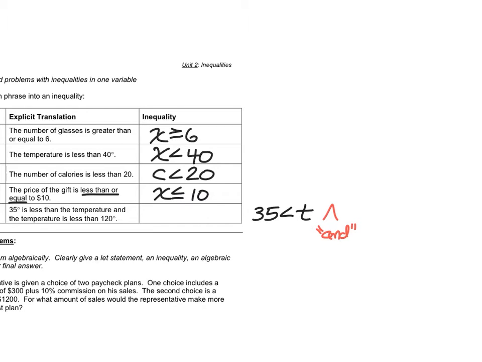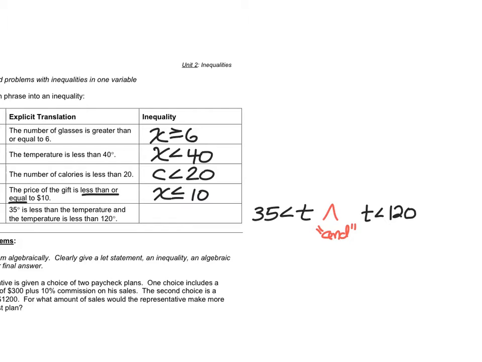So that means and. All right, so it's an upside down V. It's kind of almost an A. So that means and the temperature is less than 120. So T is less than 120. You could represent this as a compound inequality.